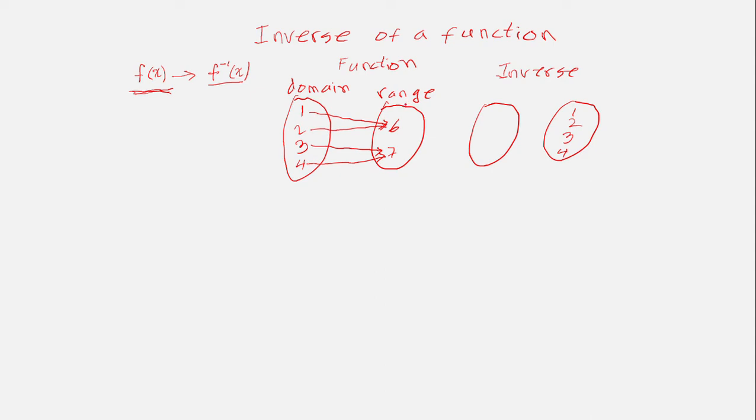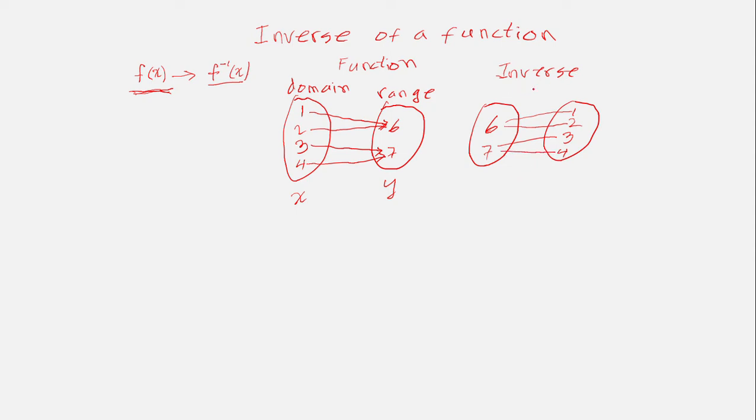What were the y values? So these are y, these are x, right? They become the x values. So this would be 6, 7. The 7 looks funny. Okay, so 7. And as we can see here, the connections are like that.